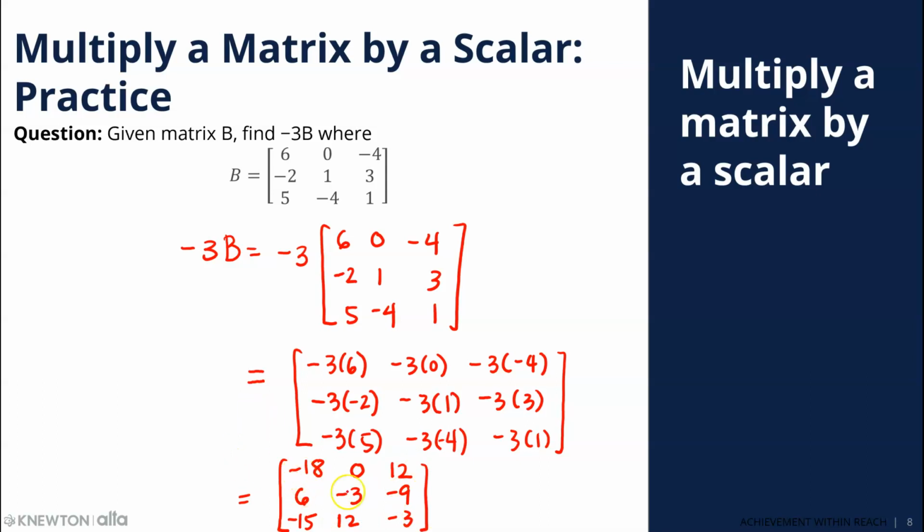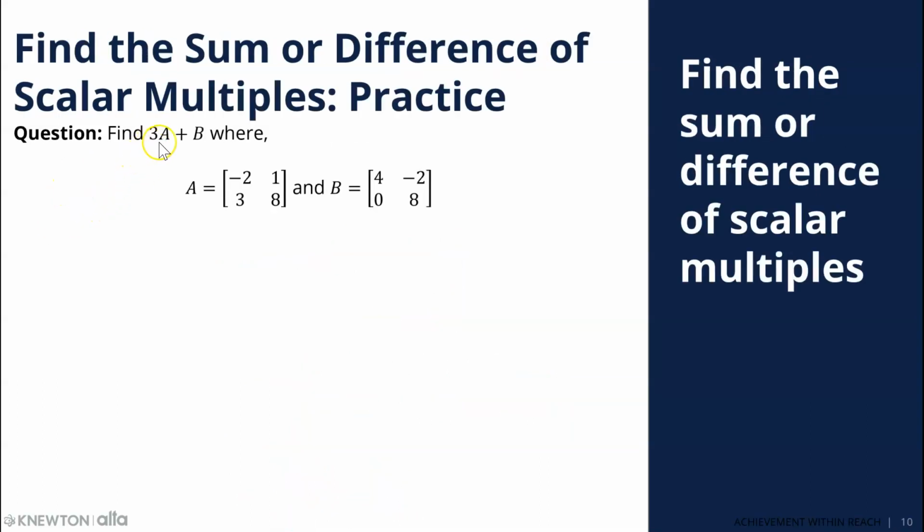This is the matrix negative 3B. Next, let's find 3A plus B, where A is equal to this matrix here and B is this matrix. To obtain this, let us first find 3A.